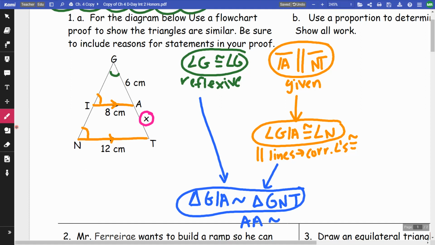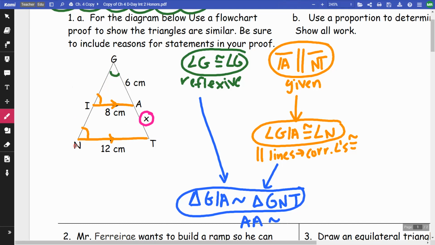In this situation, I cannot use the side splitter because I do not know the other sides here that would have been split. If I did, I could say 6 is to X as this piece is to this piece, but I don't know those. I know this whole side 8 and I know this whole side 12.